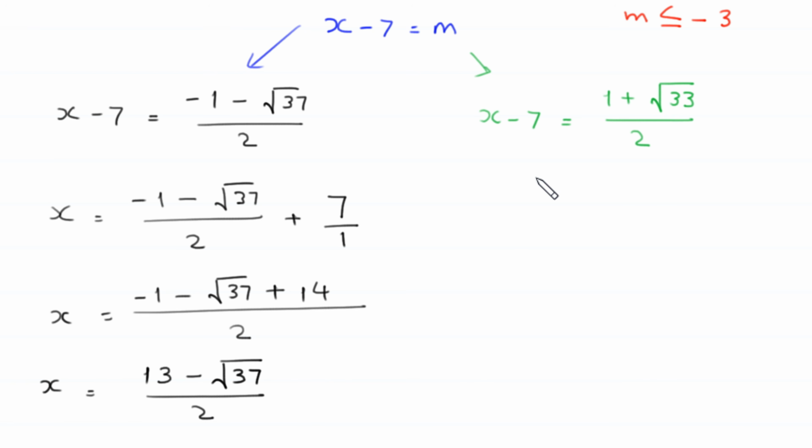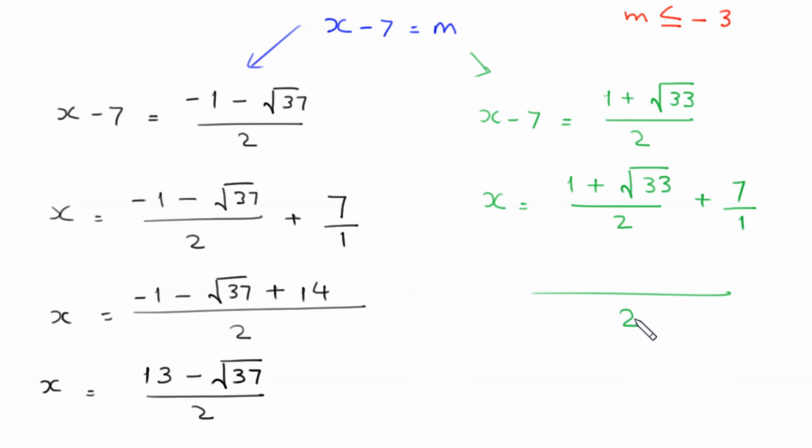From this equation, we move this negative 7 to the right hand side, then x is equal to 1 plus root 33 over 2 plus 7. And we write denominator 1 and we take LCM of 2 and 1.